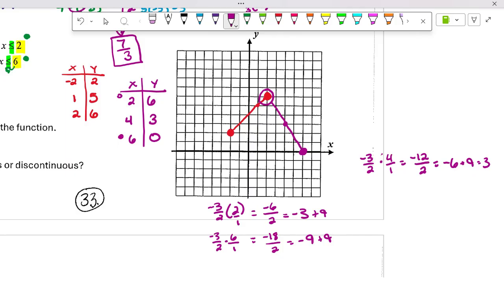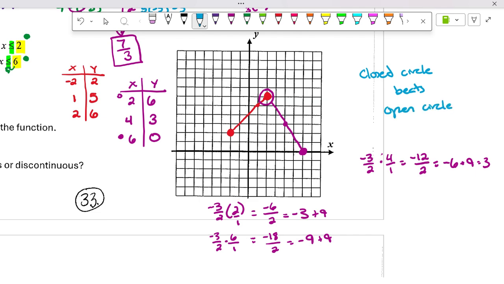Now, we can't just leave that open circle like it is. So here's kind of the rule of thumb. Just like if you were playing rock, paper, scissors, how rock beats scissors, scissors beats paper, paper beats rock. Closed circle beats open circle.